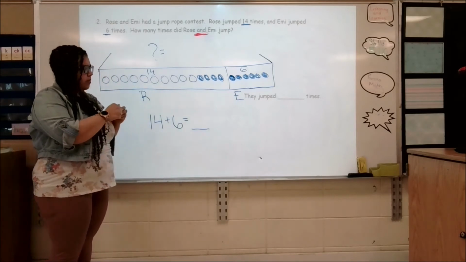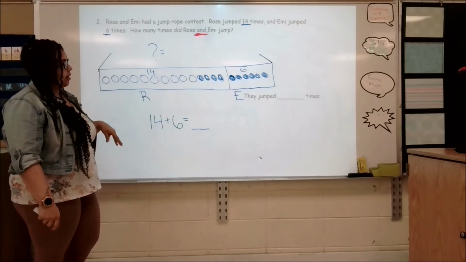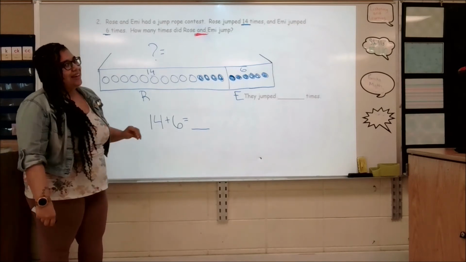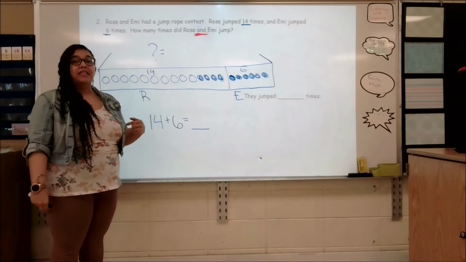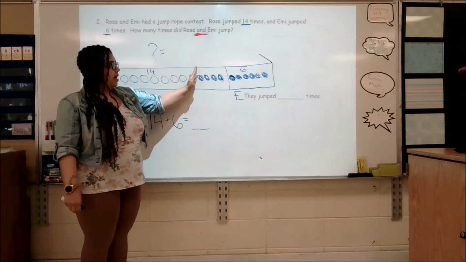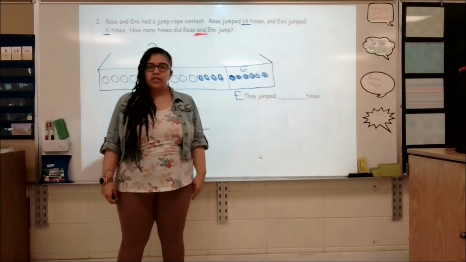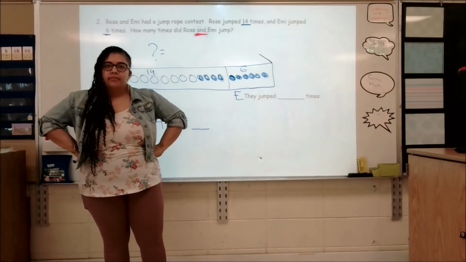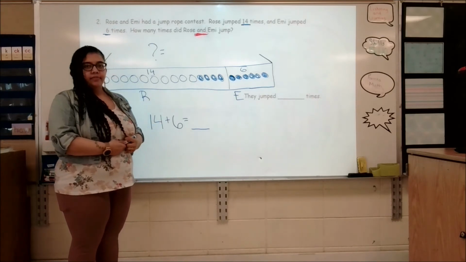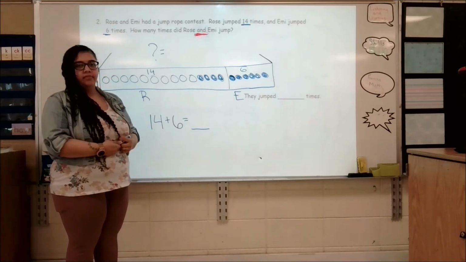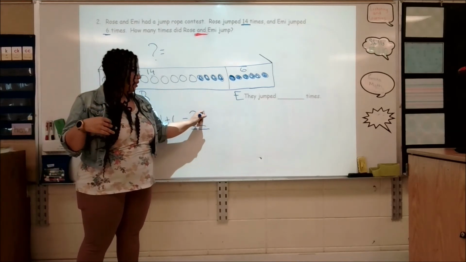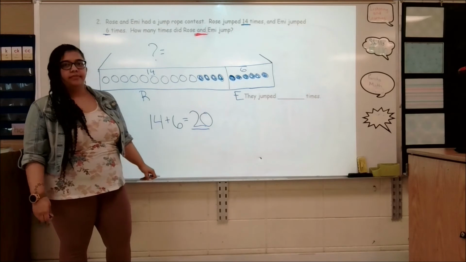Now, based on how I colored it though, what is my number sentence to help me solve it? Well, 10 and 10. What is 10 and 10? 10 and 10 is 20. Good. So what is 14 and 6? Good. 14 and 6 is 20. Am I done?